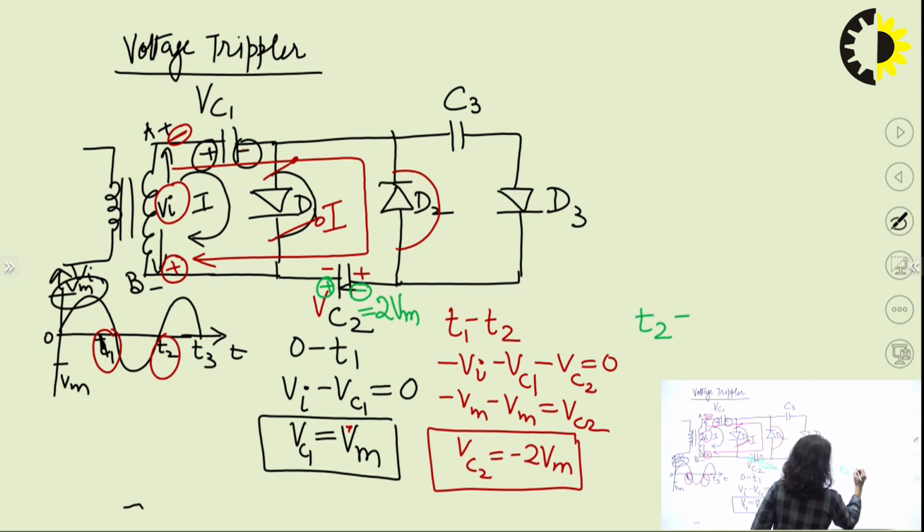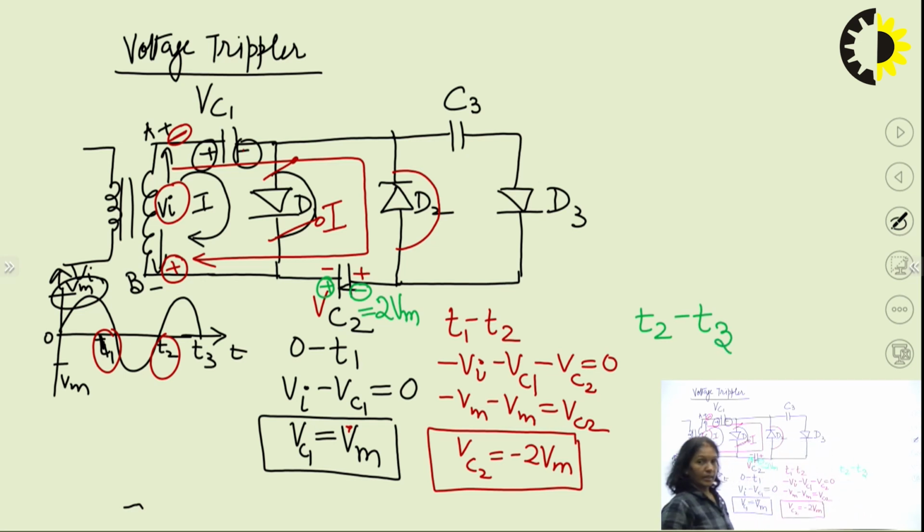Now during this time period, terminal A will again be at higher potential, positive, and B will be at negative potential, and this Vc1 is nothing but Vm with this sign, and Vc2 will be equal to twice of Vm with the sign represented by green pen.